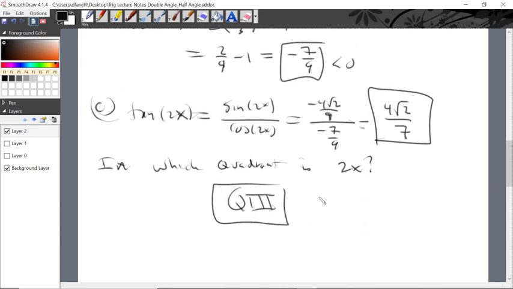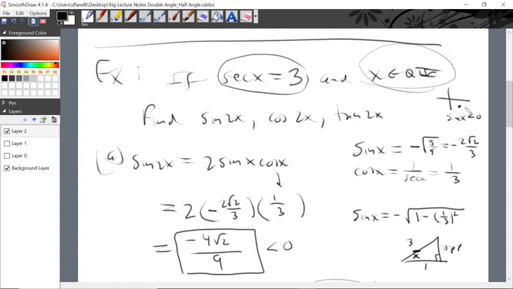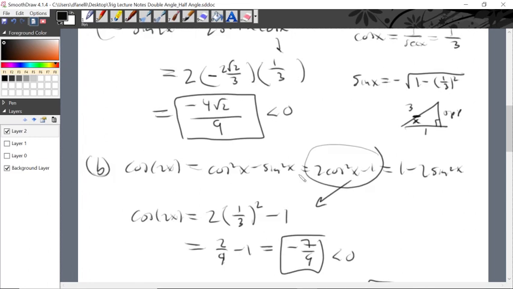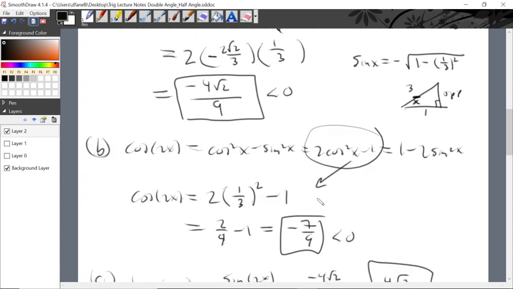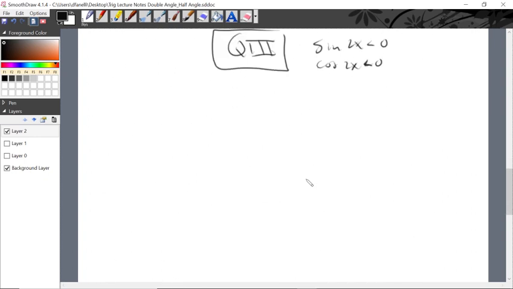Only in quadrant 3 would you have the sine of the angle negative and the cosine of the angle also negative. Now, it's possible to have an angle in quadrant 4 that when you double it, you end up back in quadrant 4 again, for example. So it's not always going to double and end up in quadrant 3. We really are looking at the outputs of the double angle evaluations in order to determine the quadrant of the double angle here.